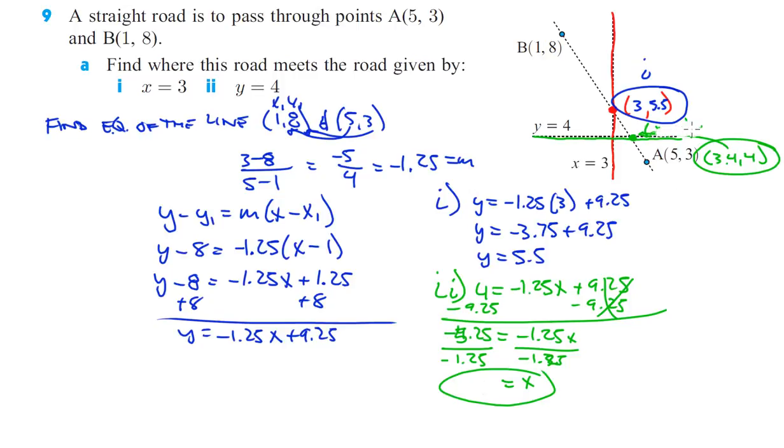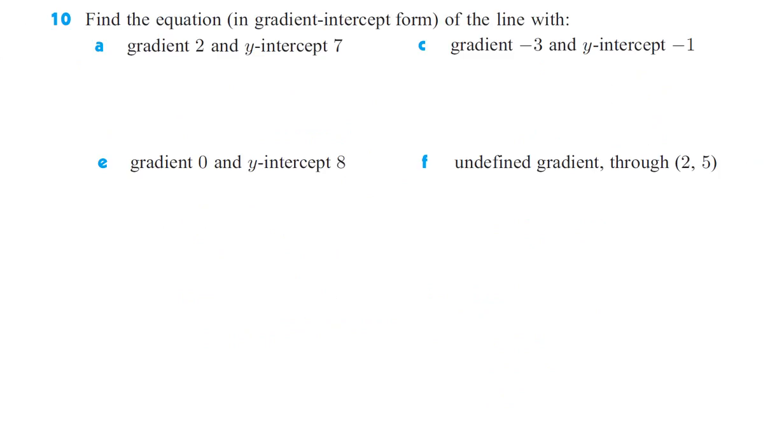Let's get rid of all that. Make it look a little nicer. And sorry, instead we get 4.2. So this is 4.2 and 4, and this is the point right there. Okay? Okay, let's look at number 10.